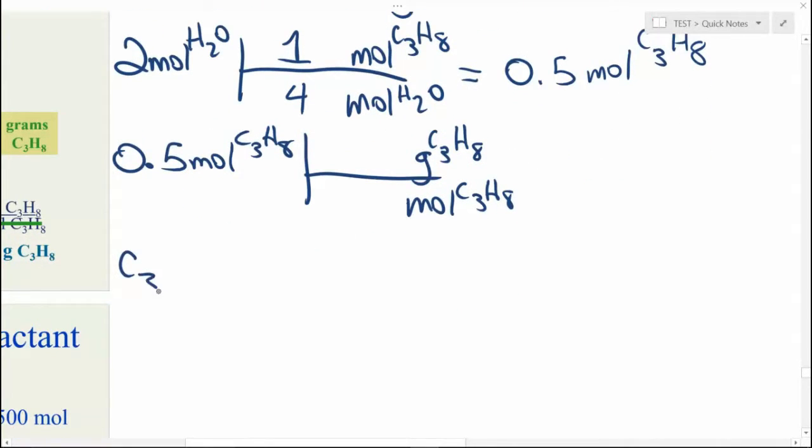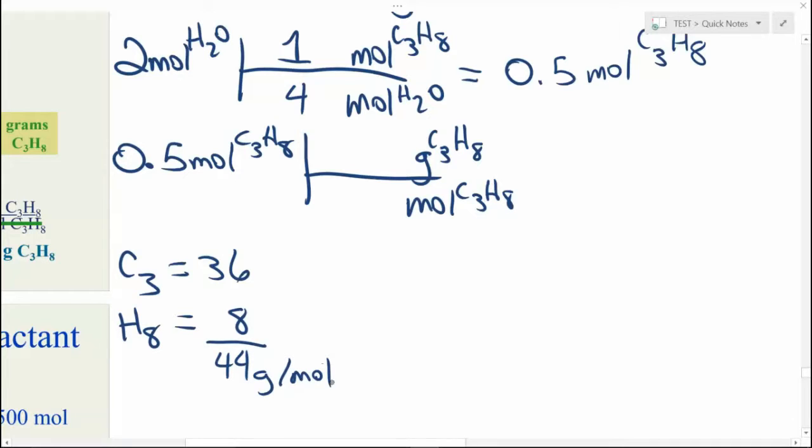So we have C3H8. 12 times 3 is 36, plus 8 more, and we get 44 grams per mole for C3H8. So this is 44 grams for every 1 mole of C3H8.